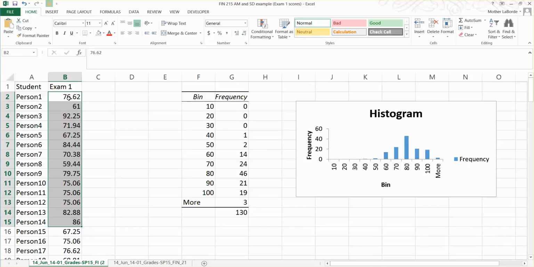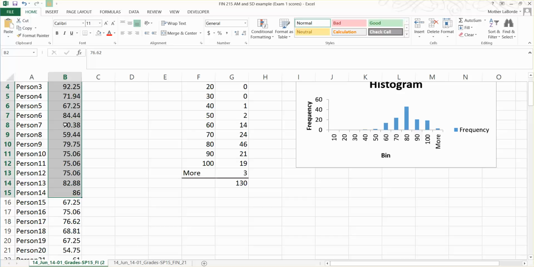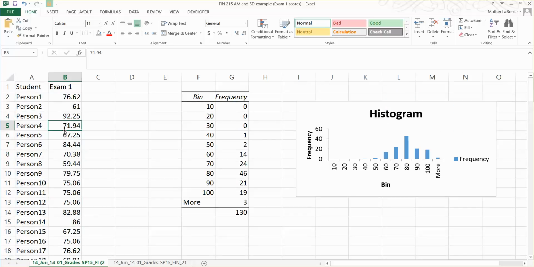And these are pretty meaningless if I look at each of the 130. That's a lot of data to have to absorb. So what I'd rather do is come up with some sample or summary numbers to represent how the students did.